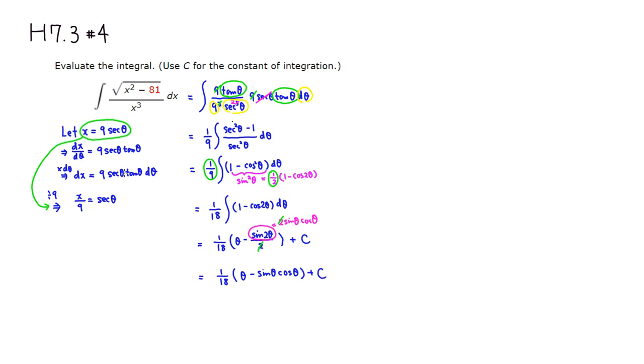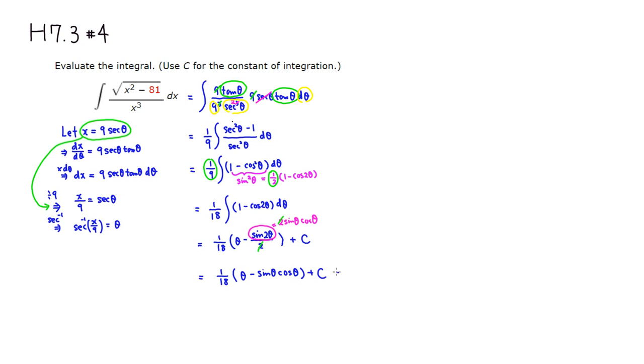If you want to find theta, all you have to do is apply inverse secant, or arc secant. So arc secant of x over 9 is equal to theta. So we found theta.